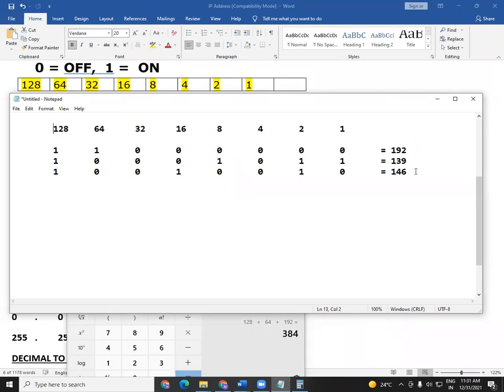So let us do some more calculations. I will write some bit values here. Can you please convert these bit values into decimal? Just do this, and later on we will see our answers. Okay, so this is one combination.